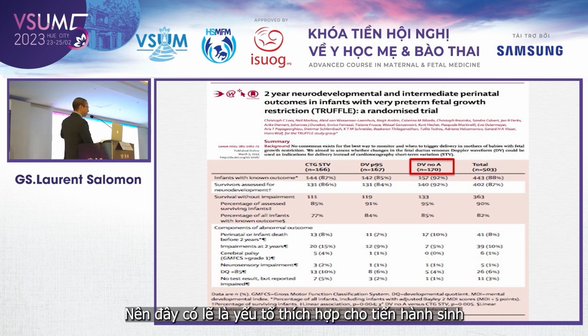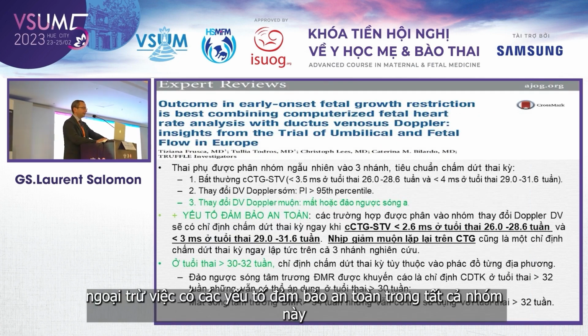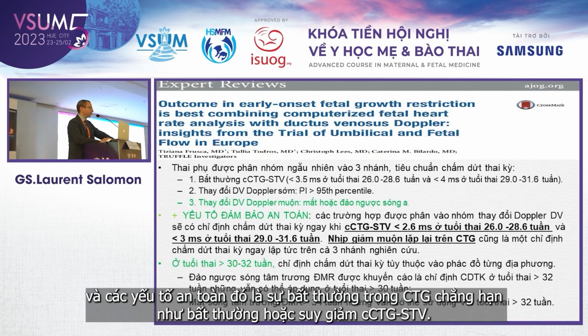So this is probably the appropriate trigger for delivery, except that there was also what they called a safety net in all these groups. And the safety net was severe abnormalities on the CTGs, such as decelerations or abnormal short-term variability.